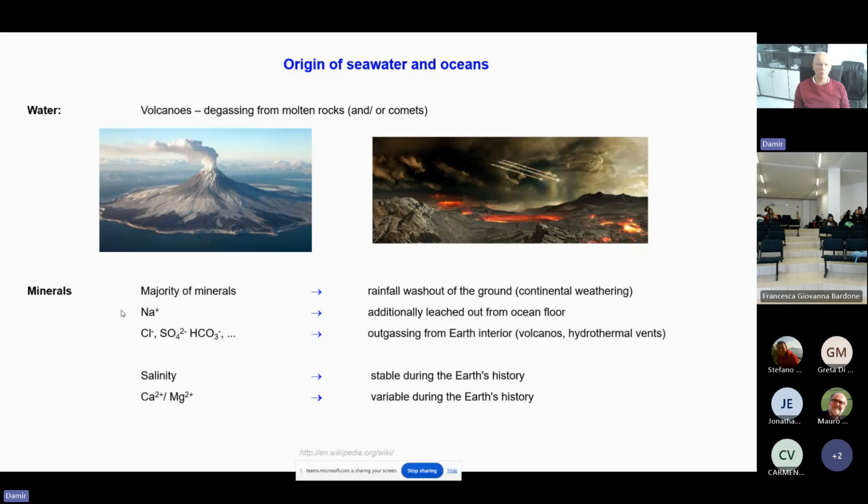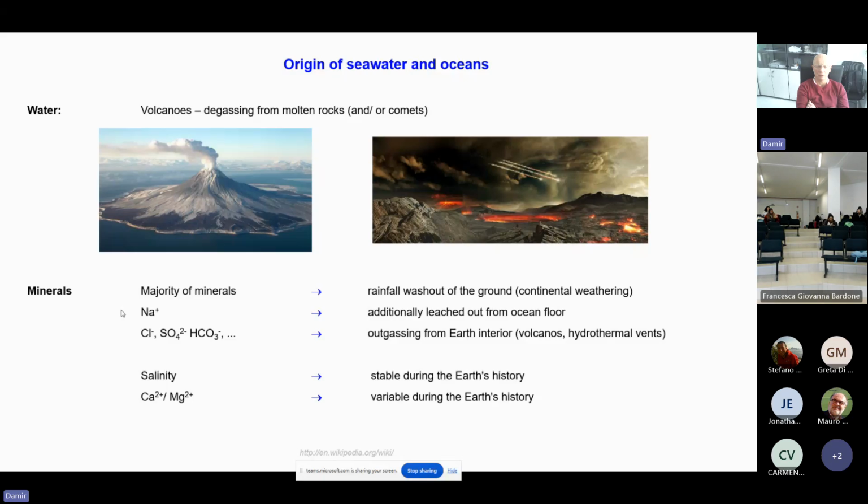The water is probably a result of volcanic activities. It appeared by degassing from molten rock. Another hypothesis assumes that water comes from the comets on the Earth at a very early period of early bombardment of the Earth.